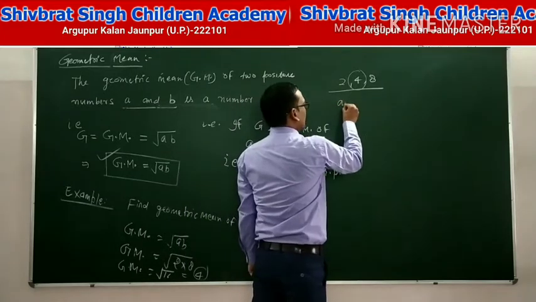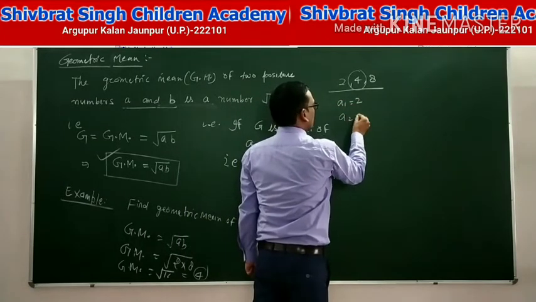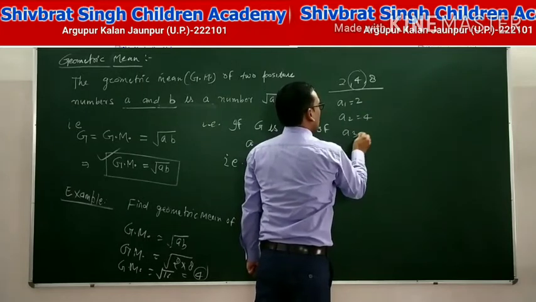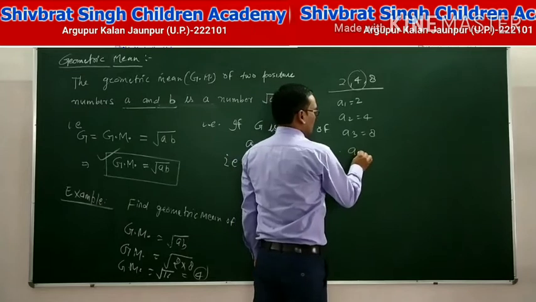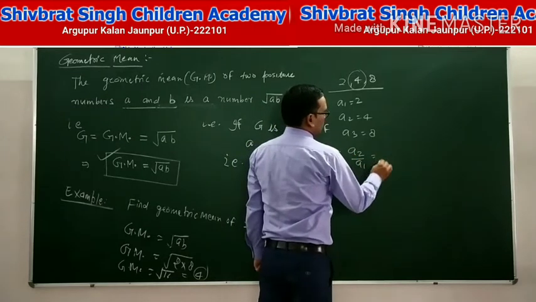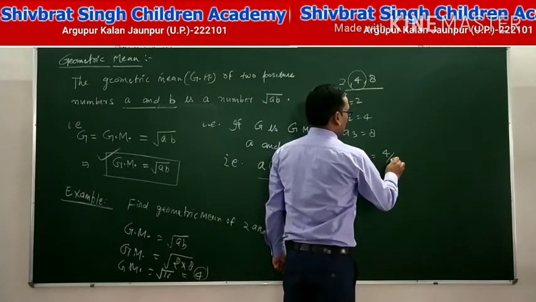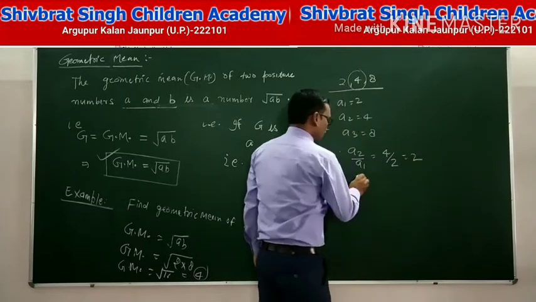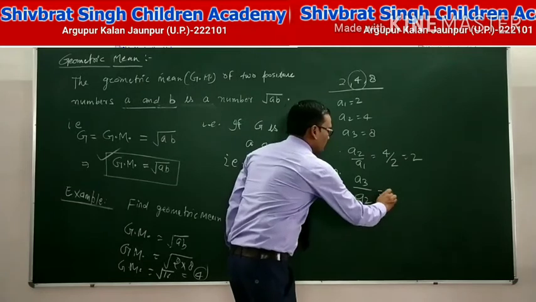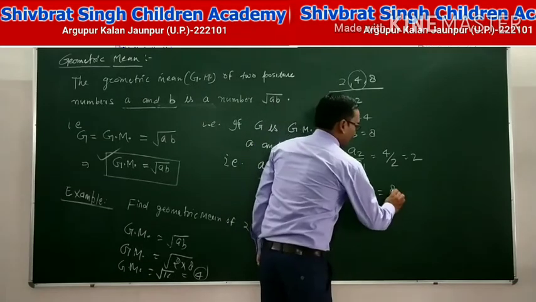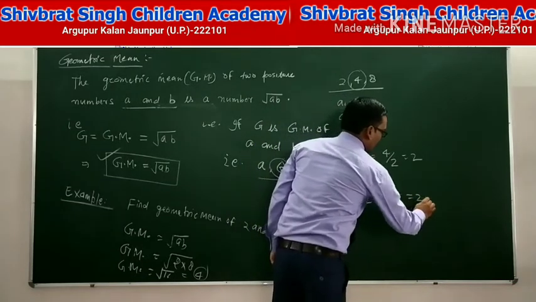Here A1 equals 2, A2 equals 4, A3 equals 8. Then A2 upon A1 equals 4 upon 2, this equals 2. A3 upon A2 equals 8 upon 4, that means 2.